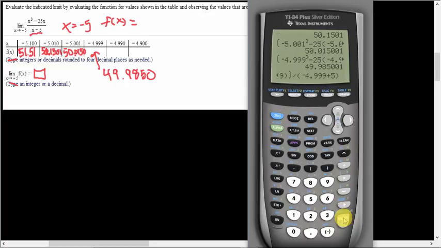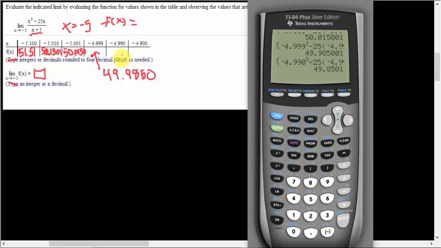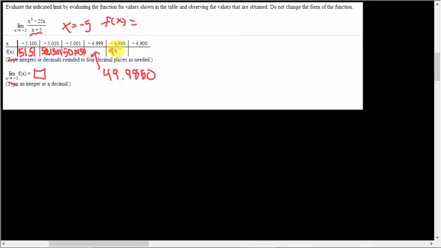We want to go to 4.90, so just put a 0 in here. This one I might be able to write in here. 49.8501. That's this one. Ah, that's really ugly. We'll do it up here.